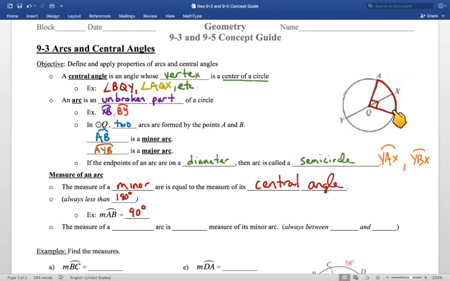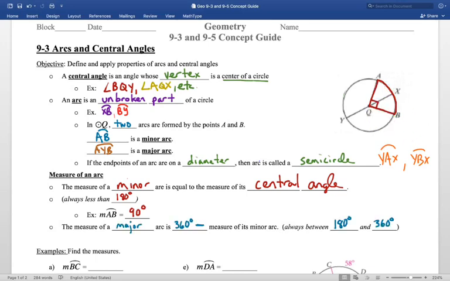The central angle AQB intercepts this arc, because of A and B. So what's the measure of this angle? AQB has a measure of 90 degrees, so does that arc. The measure of arc AB is equal to 90 degrees, just like the central angle is 90 degrees.